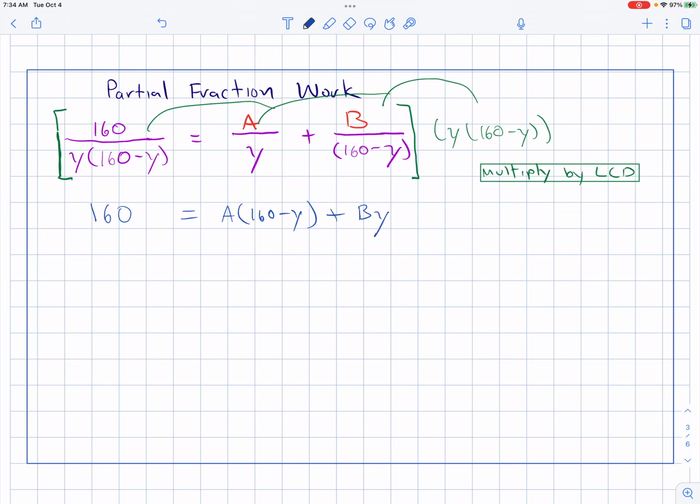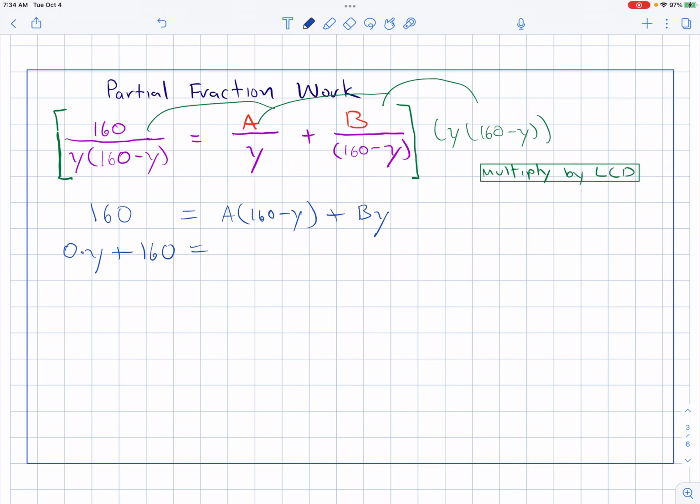So what's nice about this is we can manipulate the left side and right side to essentially match coefficients, because they're going to be equal if you rearrange things. So let's rearrange things to show you what I mean. On the left side, we can actually write this as a linear expression of 0 times y plus 160.